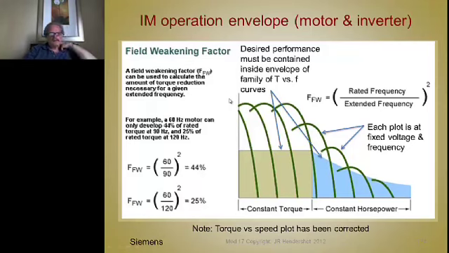And field weakening is required to get the machine to put out power at high speeds, and this can be looked at this way here. For example, a 60 hertz motor can only develop 44% of rated torque at 90 hertz and 25% at 120 hertz.